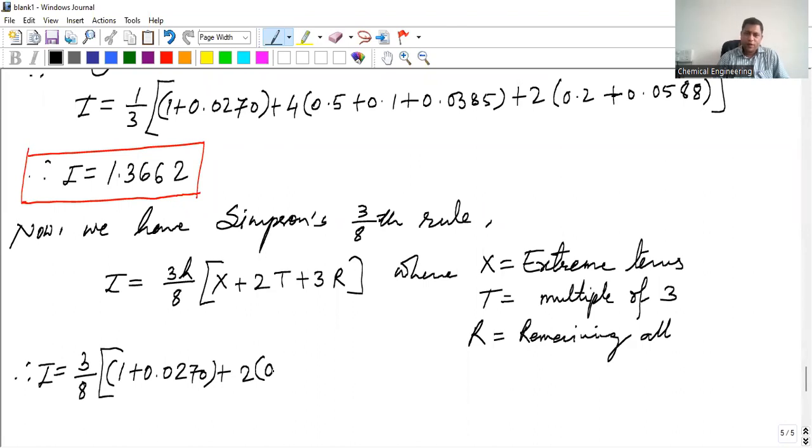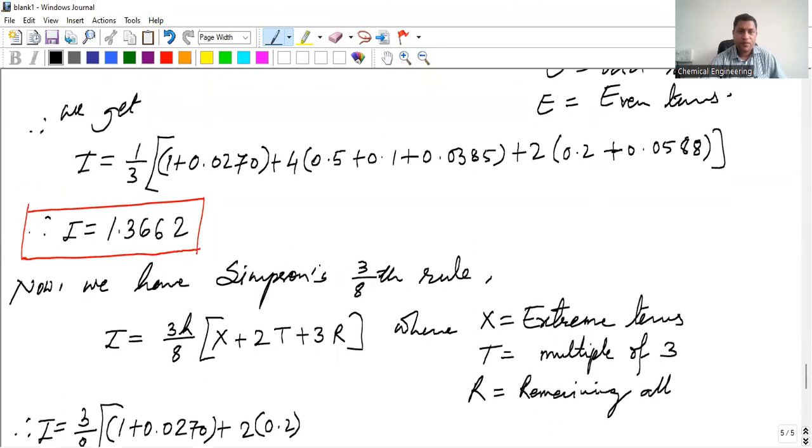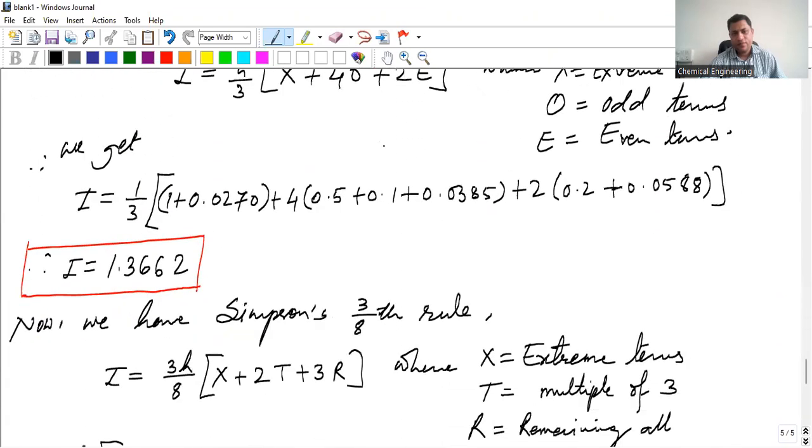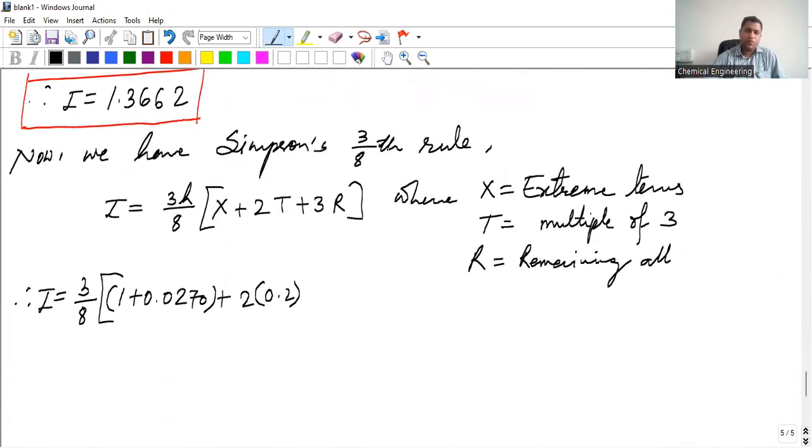So what is going to be multiple of 3? Is it y3? We can see in the table y3 is 0.1. Okay, so this is going to be 0.1 plus 3 times r.